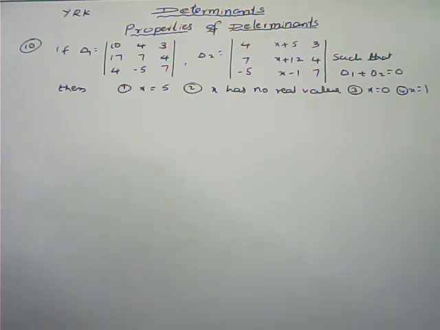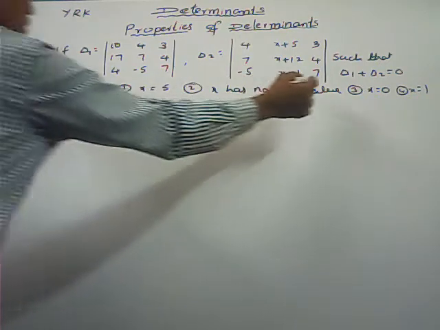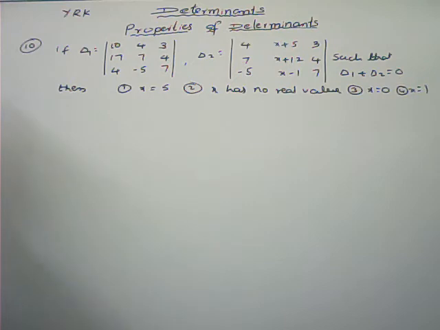Next one. Here delta 1, delta 2, two determinants are given such that delta 1 plus delta 2 is equal to 0. That condition is also given. Delta 1 plus delta 2 is equal to 0. Then what about the value of x?